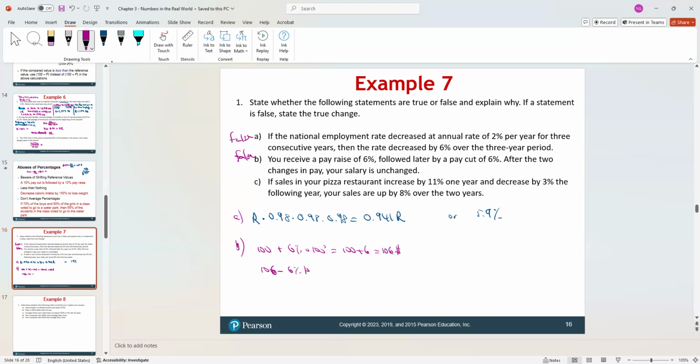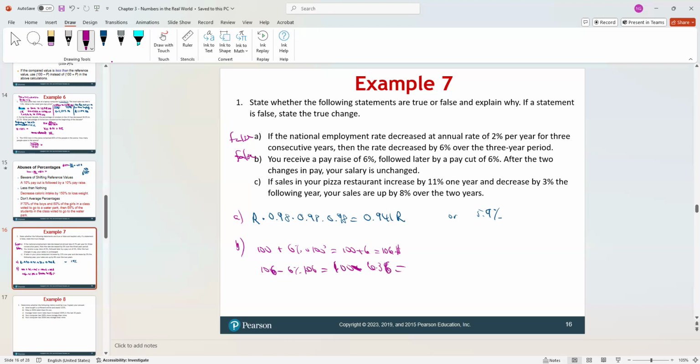What is this going to give me? 106 times 0.06 is 6.36. So we're going to have 106 minus 6.36. So what is your new salary then?